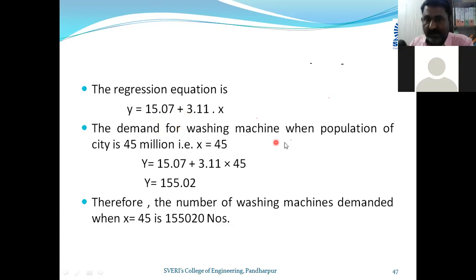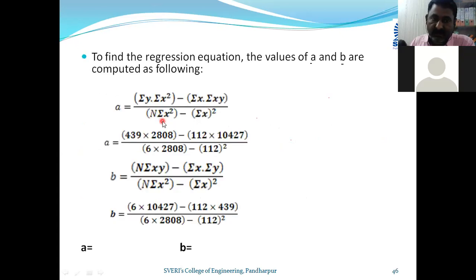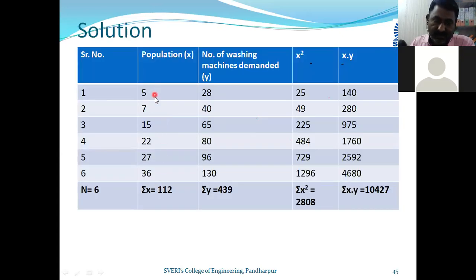Now, the demand for washing machines when the population of the city is 45 million. If you go to somewhat previous slides, the population is 5, 7, 15, 22, 27, 36. This is the population given. Now what is asked? We have to calculate the demand when the population is 45.